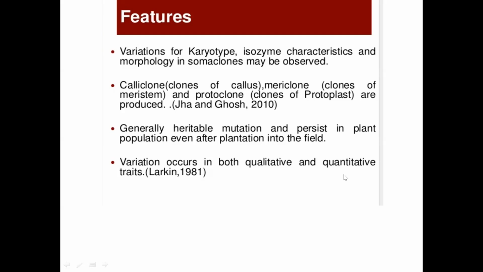And quantitative is how many such changes have taken place. For example, if you have 2 or 3 mutations, the number of mutations also has to be taken into consideration. Type of mutation is qualitative, number of mutations is quantitative.